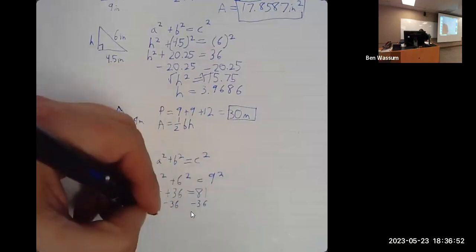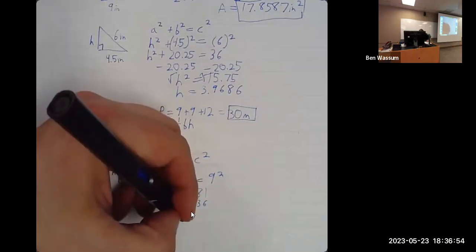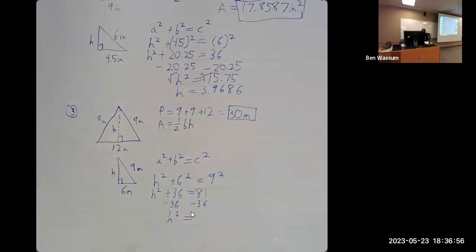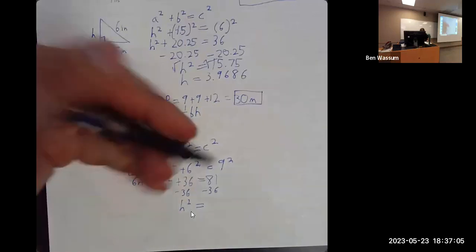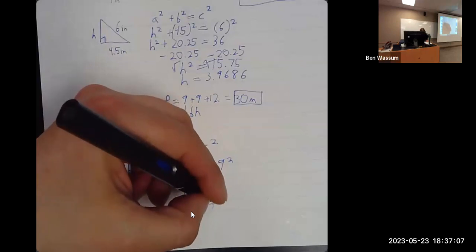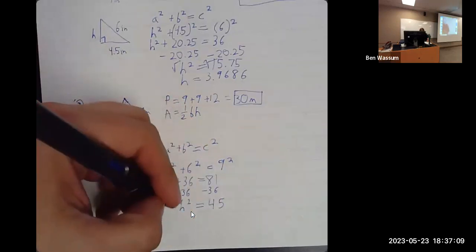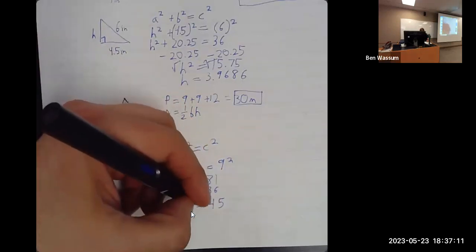Practice 36 over. We have h squared equals whatever that is, 45. Now I'm going to square root both sides, get the h alone.